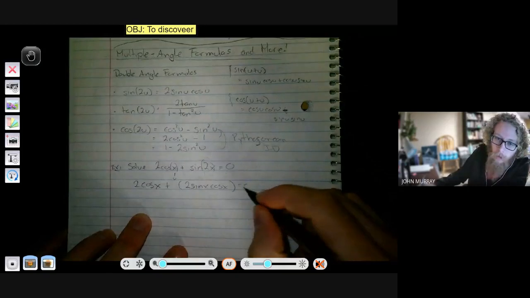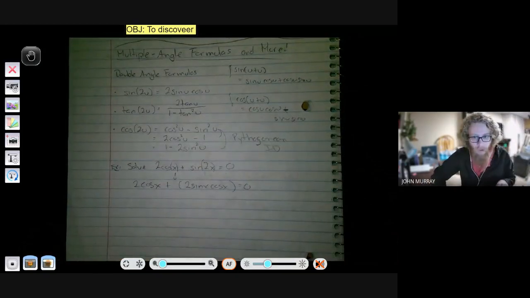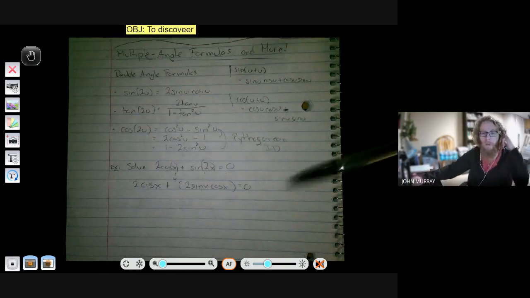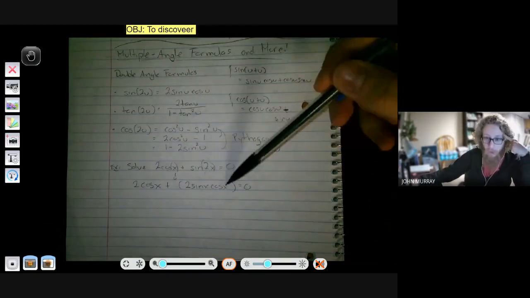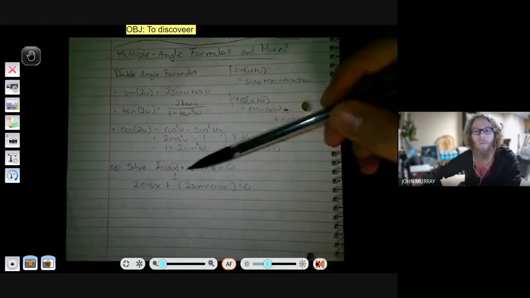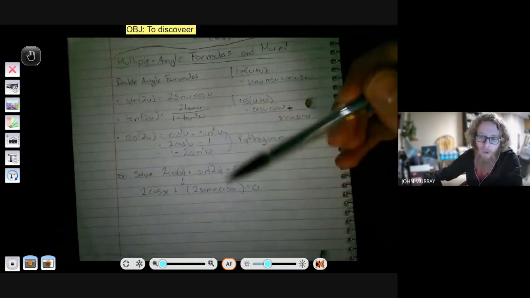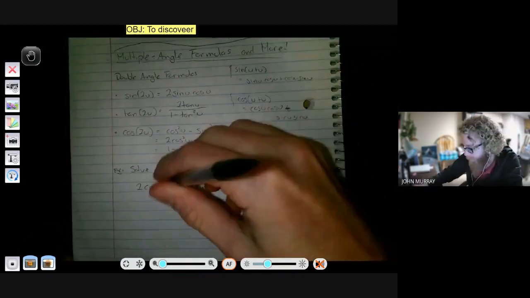And then it still equals 0. We didn't touch that yet. So now you're saying it may look a little more difficult because instead of just having a cosine and a sine, now I have a cosine and then another sine and cosine. But I can drop these parentheses. I just put them there to show that that's our replacement.